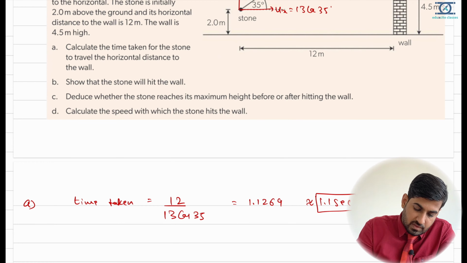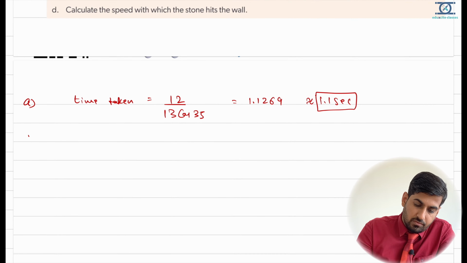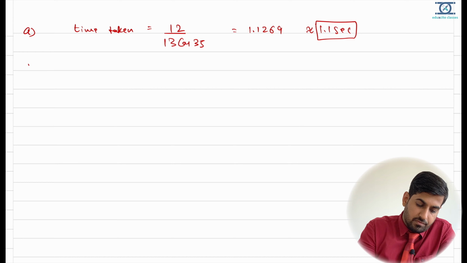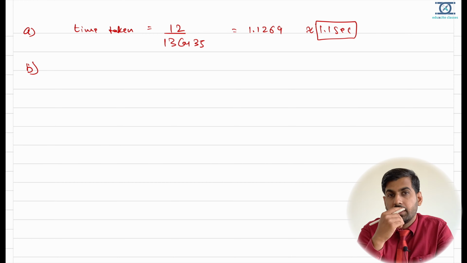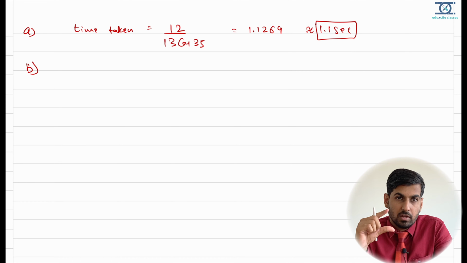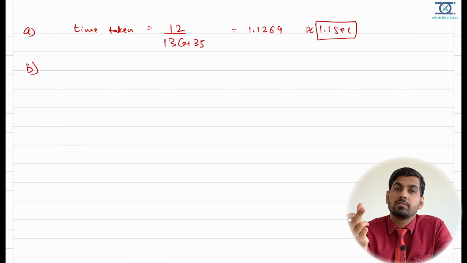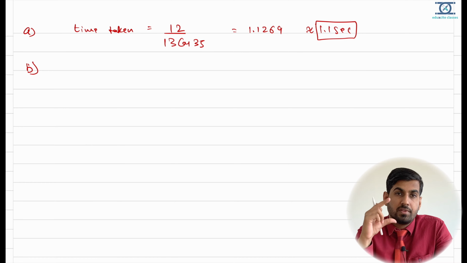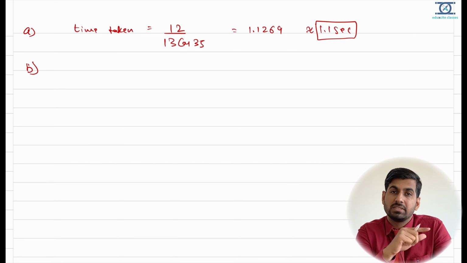Okay, now for the B part, show that the stone will hit the wall. Now in this case, if I want to show whether it will hit the wall, I can find out where it hits the wall and I can compare it with the height of the wall. If the answer is greater than the height of the wall, it will pass the wall, or if the answer is less than the height of the wall, it means it will hit the wall.